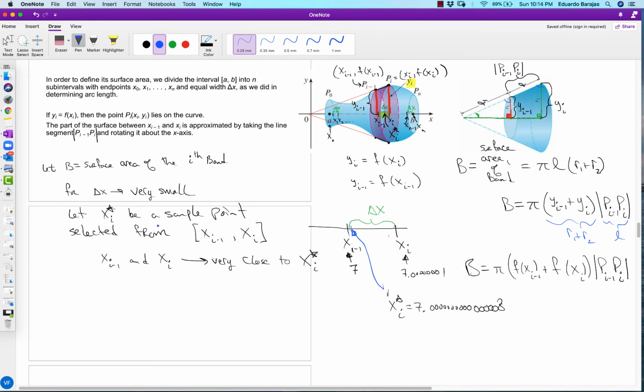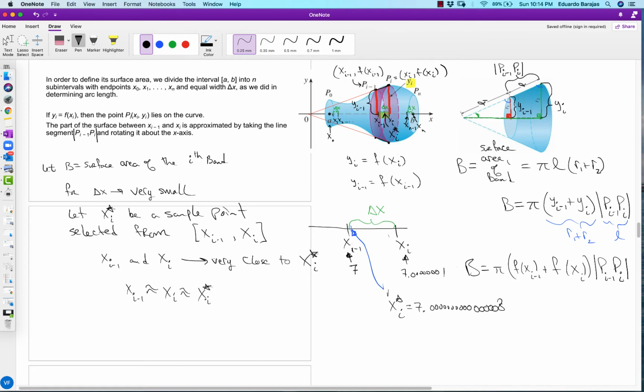So when delta x is very, very small, we're going to say that x sub i minus 1 is approximately equal to x sub i, which is approximately equal to x sub i star. Good. And likewise, their outputs, right?